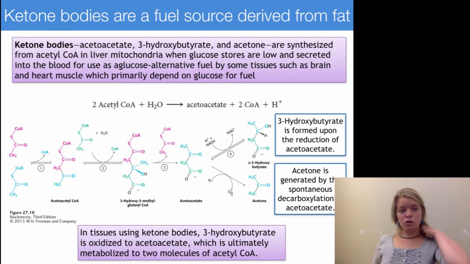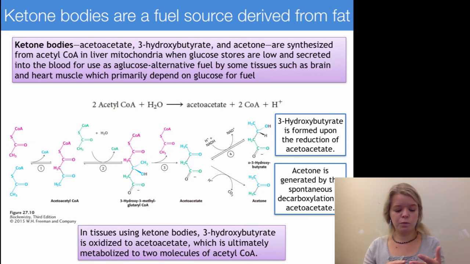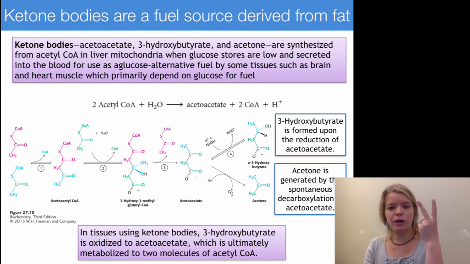All right, so pretty straightforward, and obviously because beta oxidation occurs at the level of 2 carbons leaving per each cycle, we can convert an 18 carbon fatty acid into 9 acetyl-CoAs.